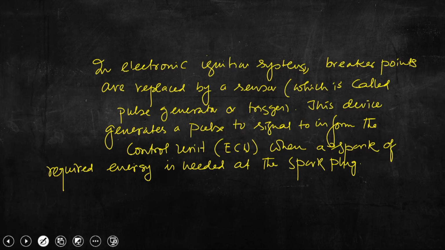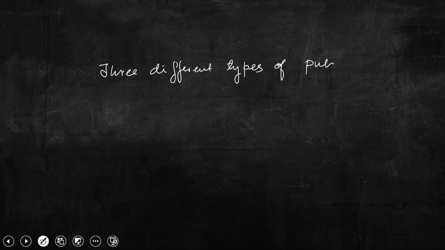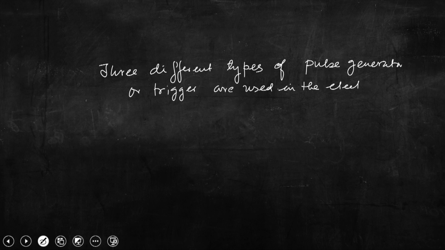So, I should write in the next slide: three different types of pulse generator or trigger are used in the electronic ignition system.